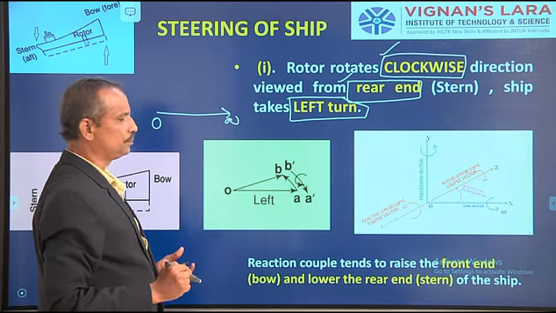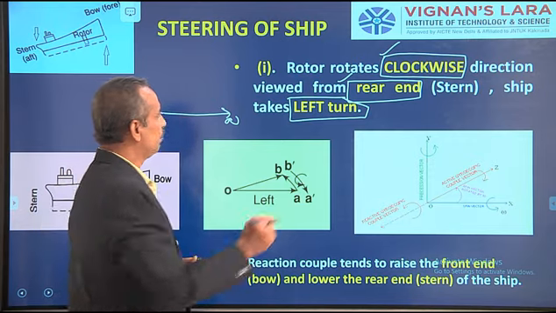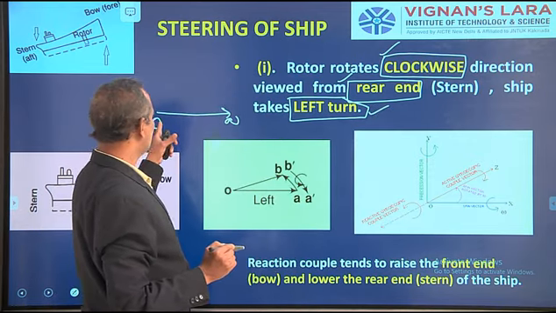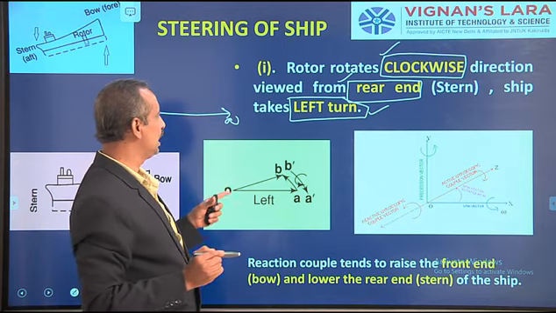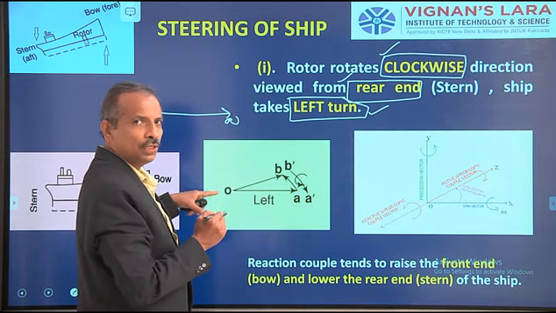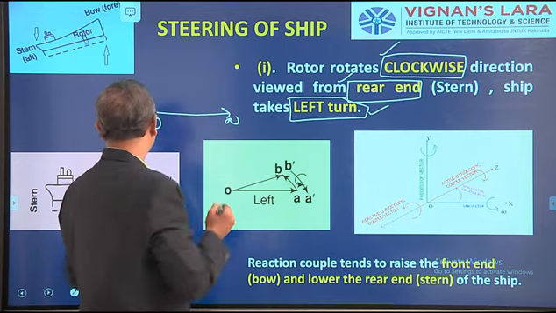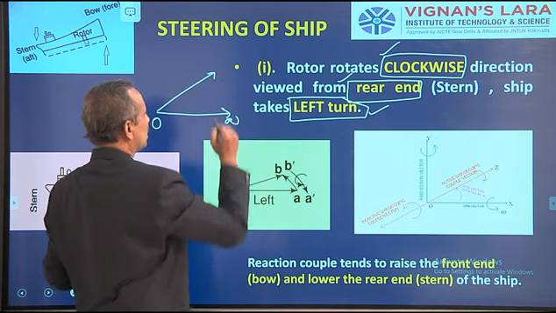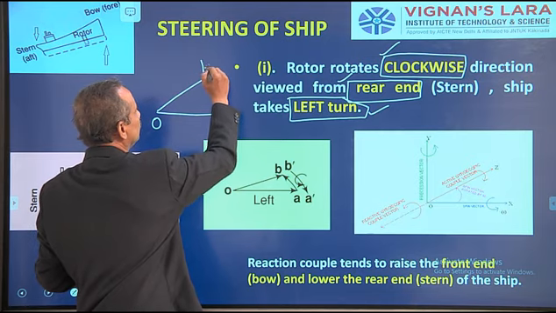Then what turn is it taking? Left turn. So with respect to OA, what is left? Either downward is left or upward is left. Upward is left. So this is the left turn.